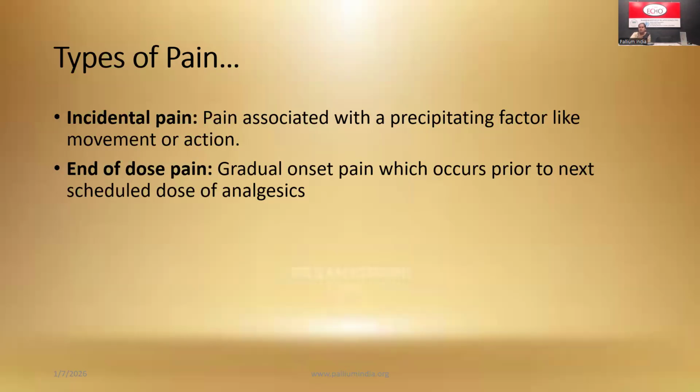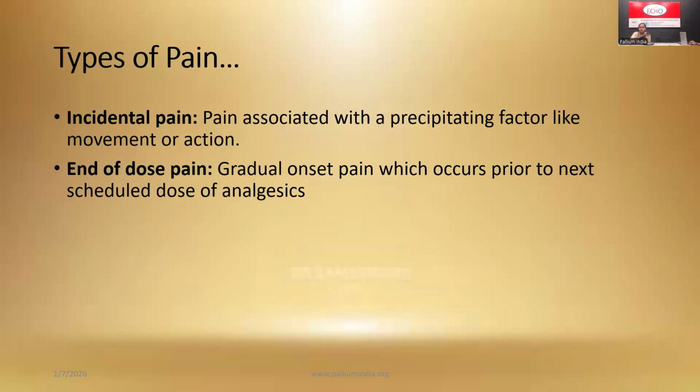If it is a continuous pain, sometimes we may have to add an adjuvant, or if the dose is optimum, then we may have to switch to another drug, or move on to the next step of analgesics.